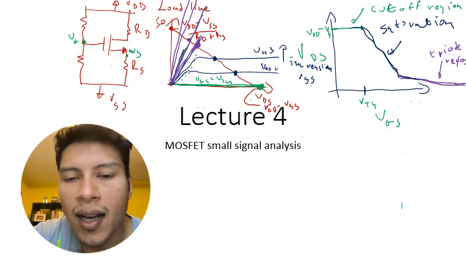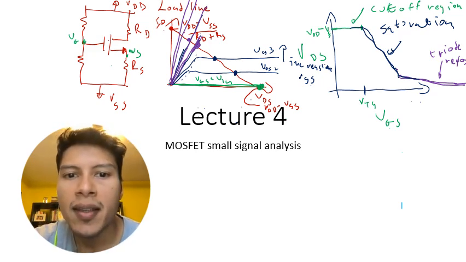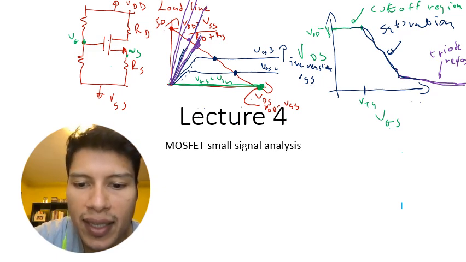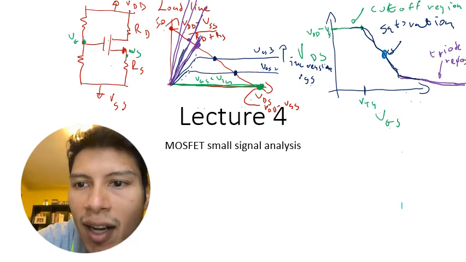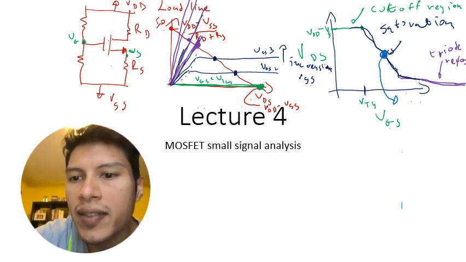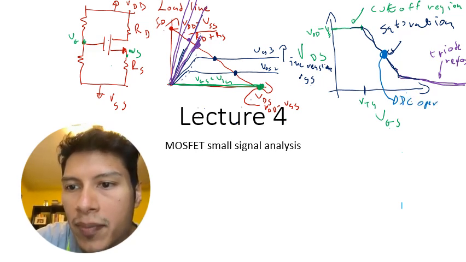In particular, what we said was that based on this load line, what we would want to do is bias our transistor to have a DC operating point near the center of saturation. So this was our DC operating point.